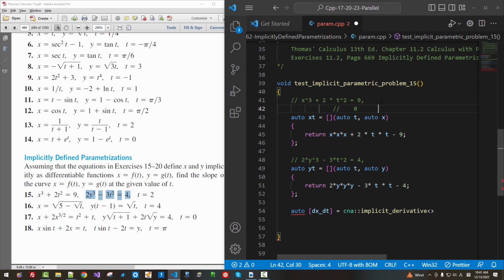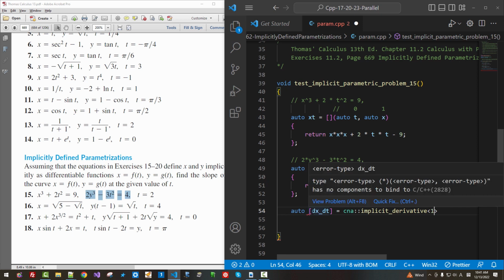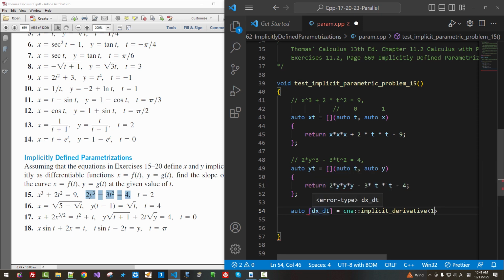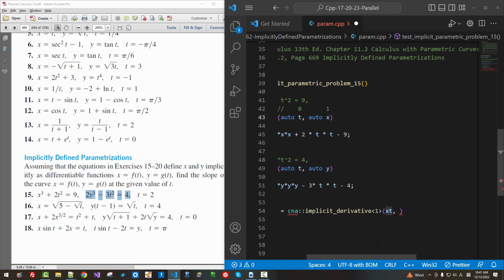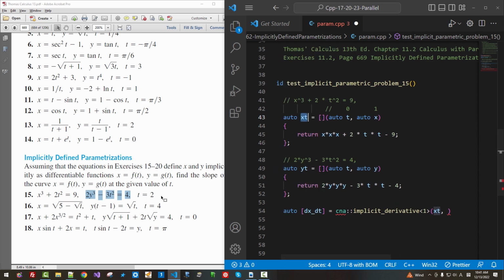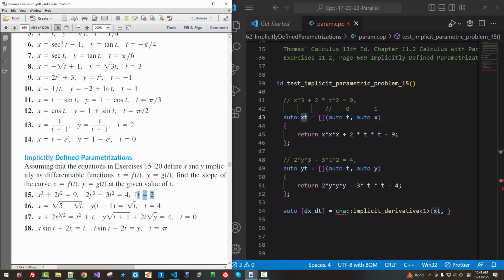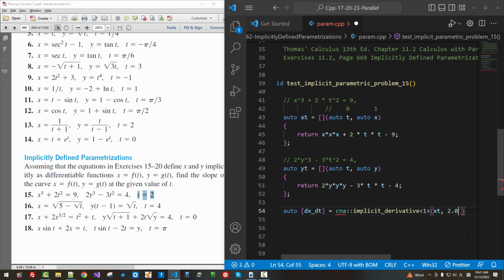The position of x is 1. We have to pass the position 1 because we want to evaluate dx over dt. We pass xt. Xt is this function. Then we have to pass the value of t. The value of t is 2.0.